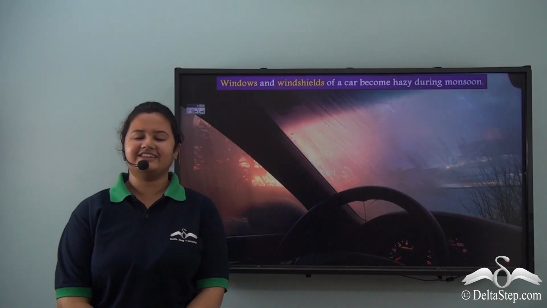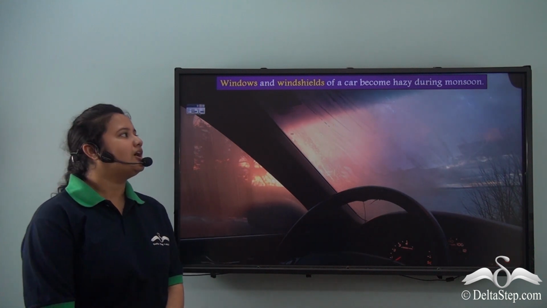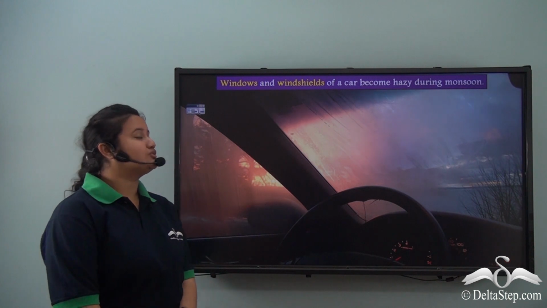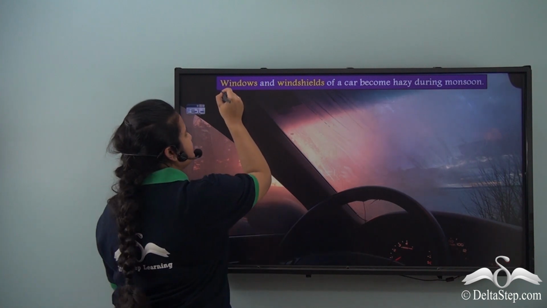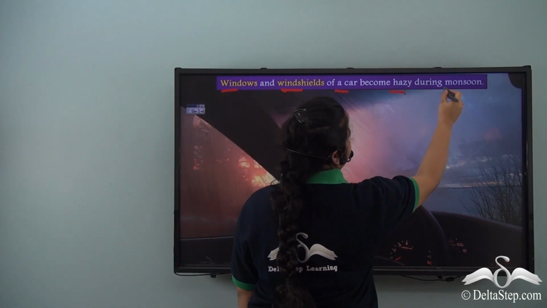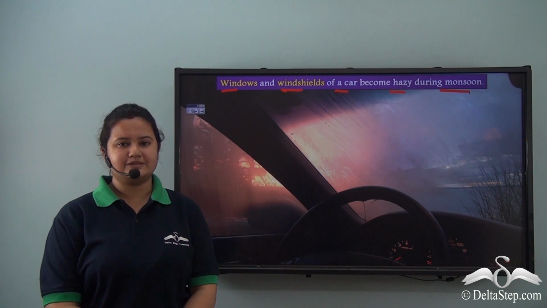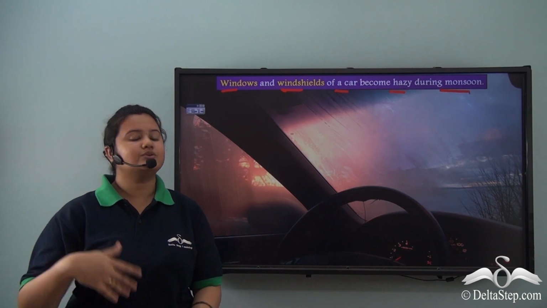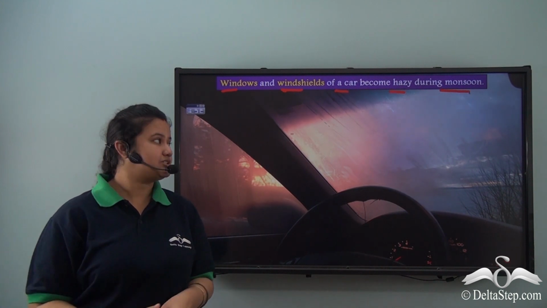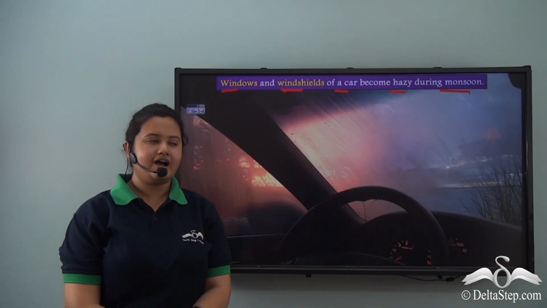To understand this incident, let us consider a situation in the monsoon. What do we find in monsoon? We find that the windows and windshields of a car become hazy during monsoon. What happens is that due to rainfall or precipitation, the temperature outside the car decreases, whereas the temperature inside the car is very high.